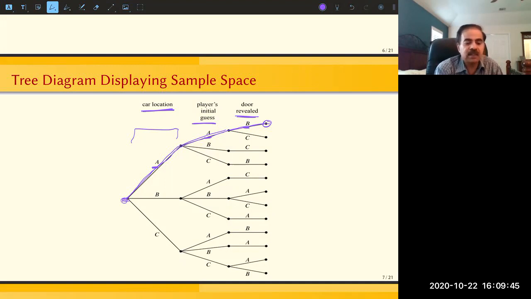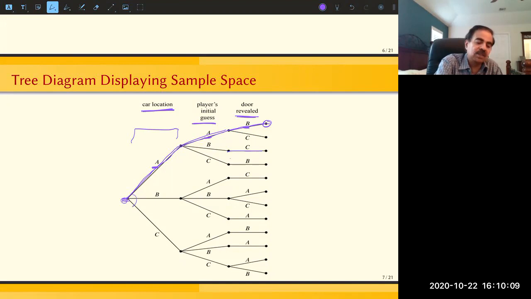But in many cases, because the host cannot open either the door that the contestant picked or the door concealing the car, right? Because of those conditions, the host is limited. So at the third level, often you see that there are either two choices or one choice.